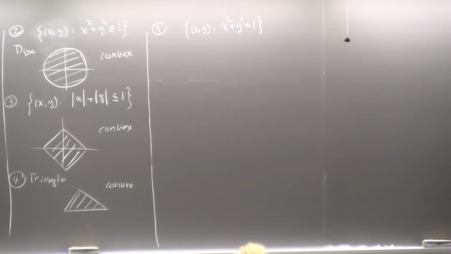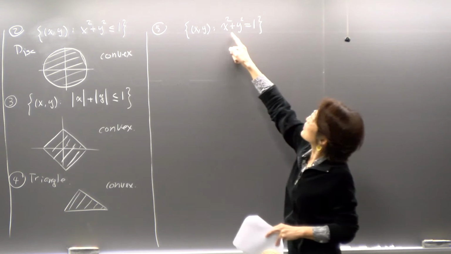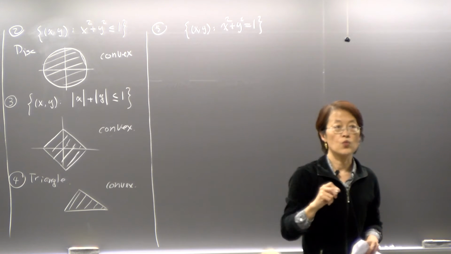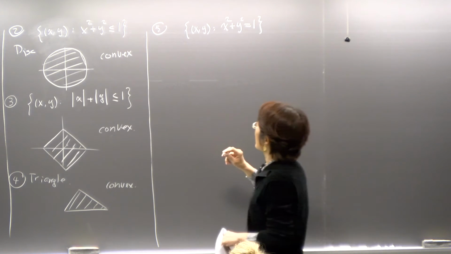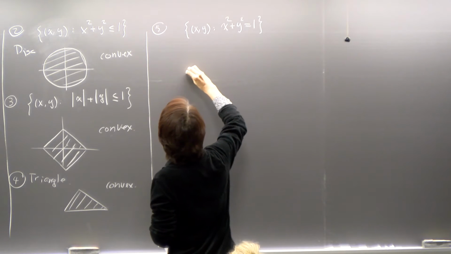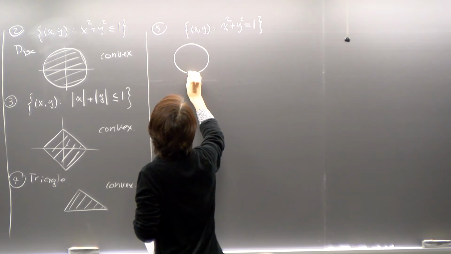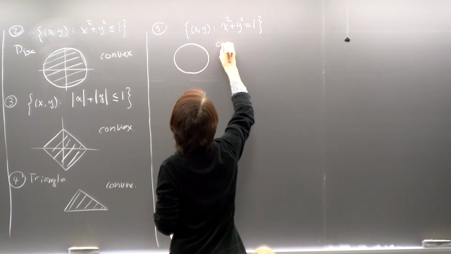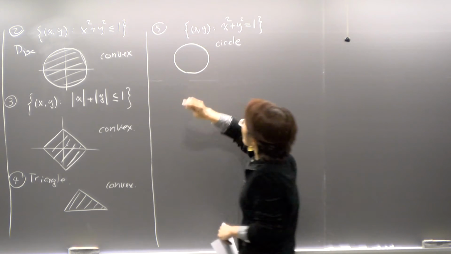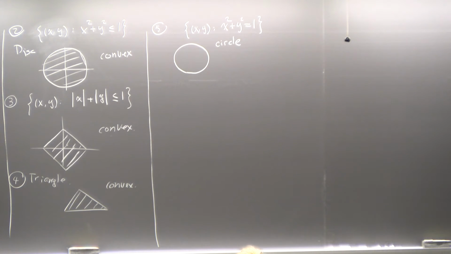I'm interested in the points where x squared plus y squared equals 1. So that is an equation of a circle, isn't it? So I actually have a circle, only the curve, not the interior of the circle, because it equals 1, right? Do you think this gives me a convex set?